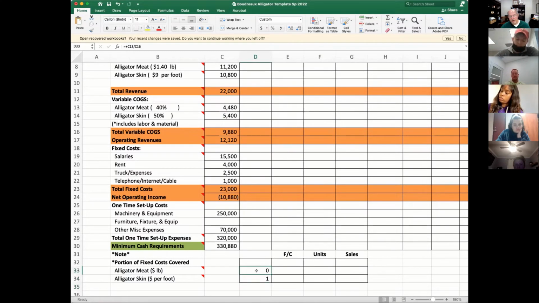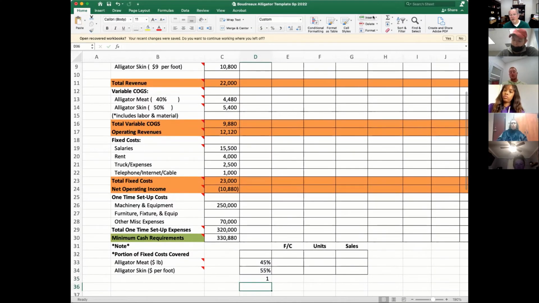And so what we do here, we're going to change this to percentages. And we'll see that 45% of your revenue comes from meat and 55% from skins. Now, when you calculate these, they've got to total up to 100%. And if they don't, you made a mistake.